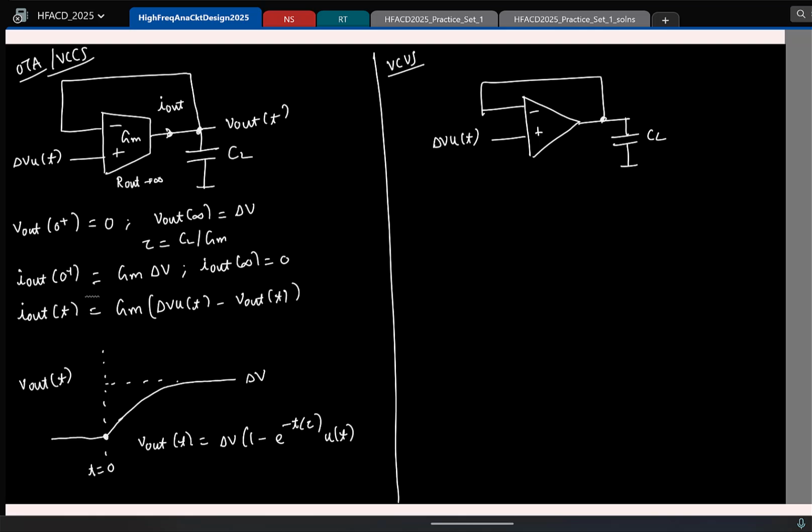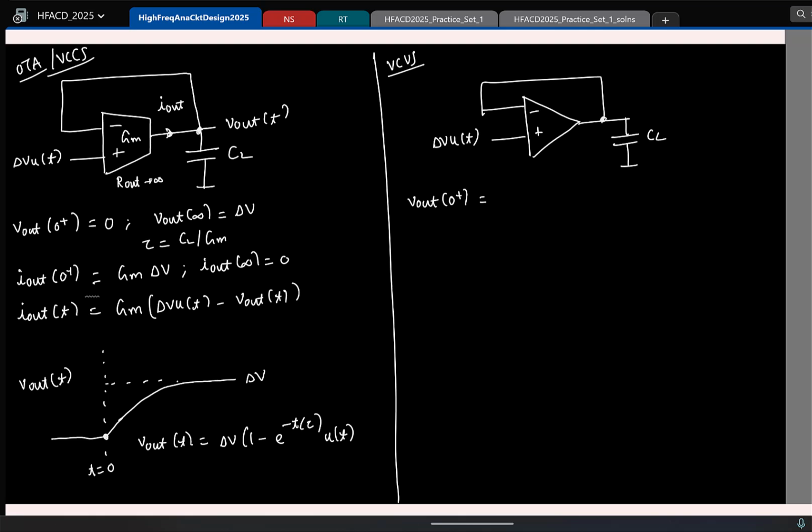Here again, let's assume that this has infinite gain. So what do you think will happen to V out of 0 plus? Do you think the capacitor voltage here will change instantly? Will the capacitor voltage instantaneously become delta V, or will it be 0 at 0 plus?